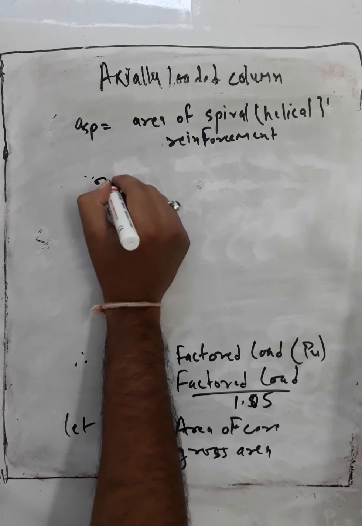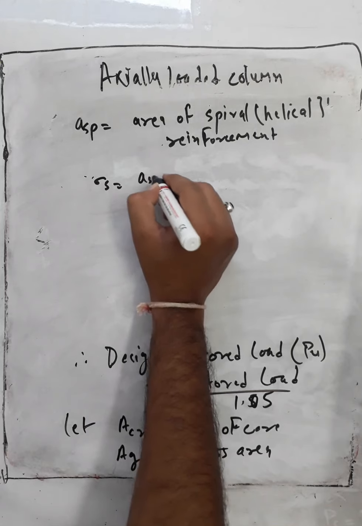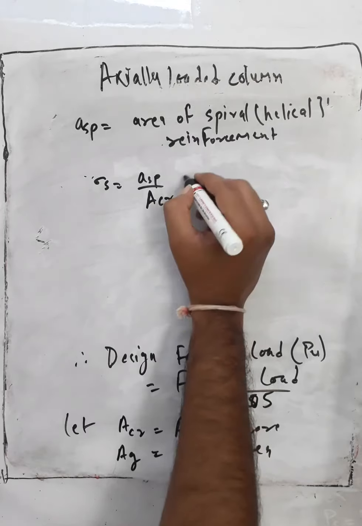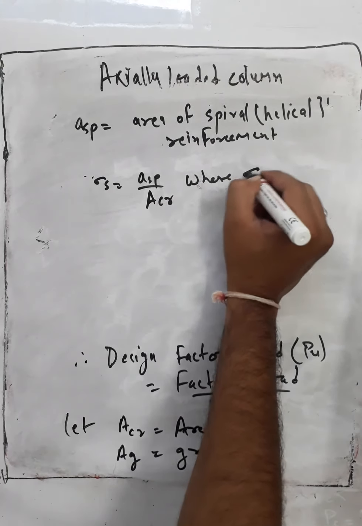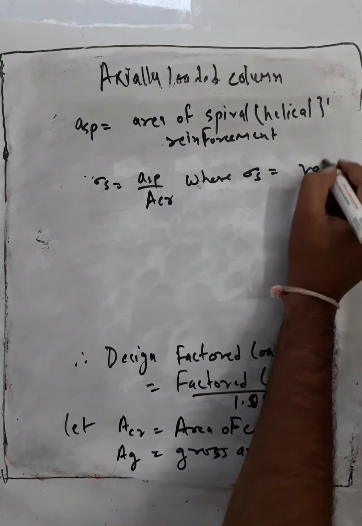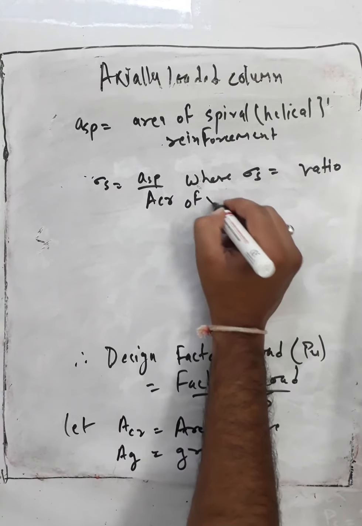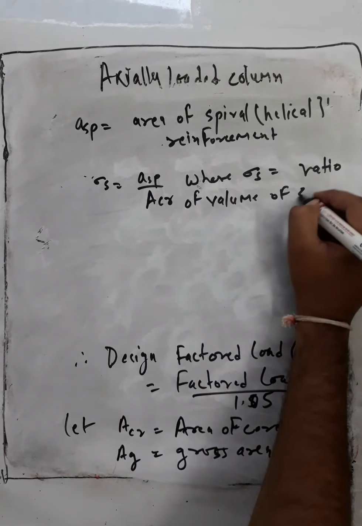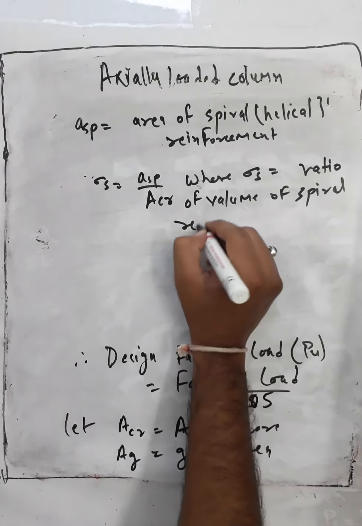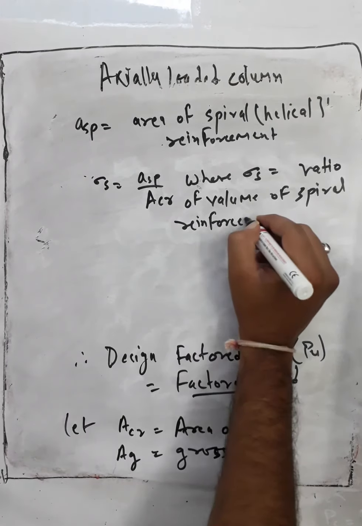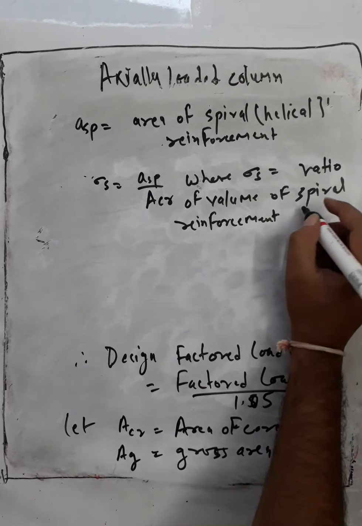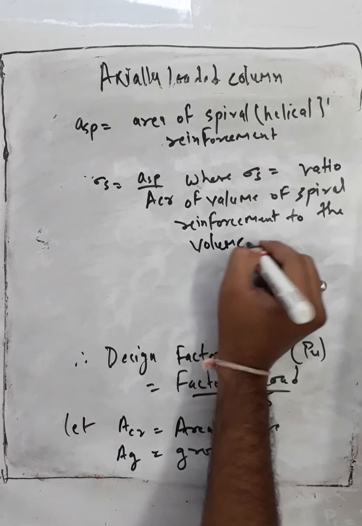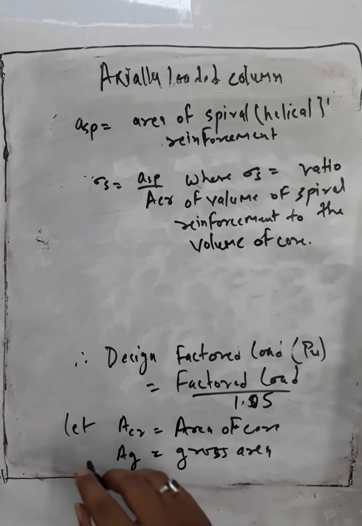And sigma S is equal to ASP divided by ACR, where sigma S is the ratio of volume of spiral reinforcement to the volume of core.